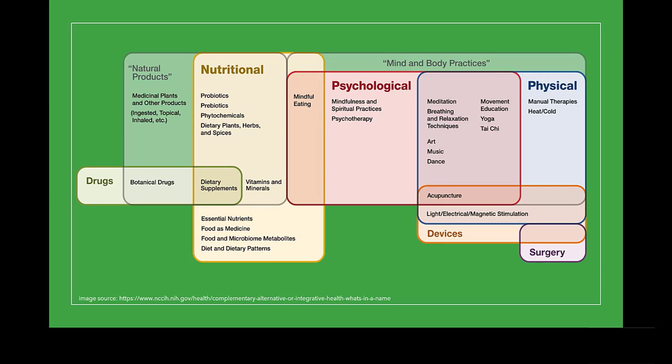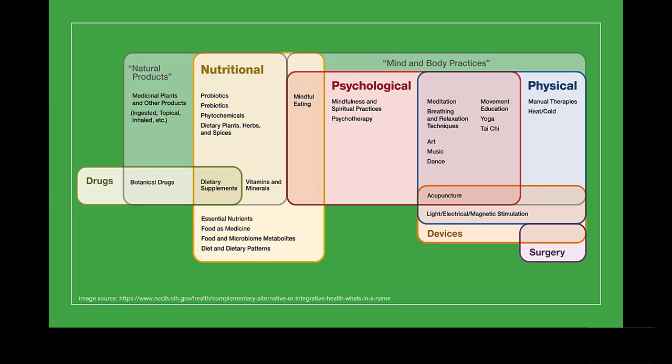First we have nutritional inputs, so special diets, dietary supplements, and the like. Then we have psychological, which can be meditation, hypnosis, music therapies, relaxation therapies. And then we have physical, which can be acupuncture, massage therapy, spinal manipulation.